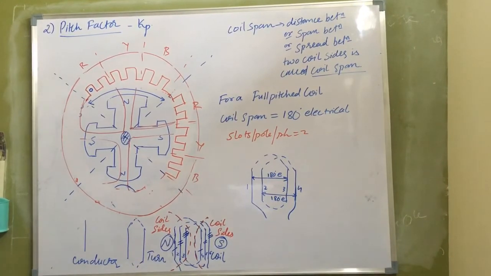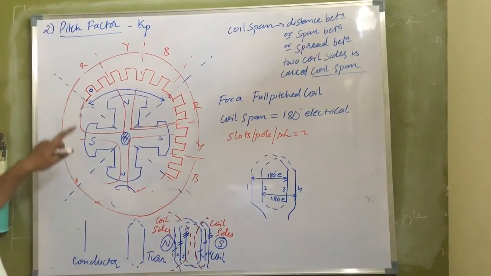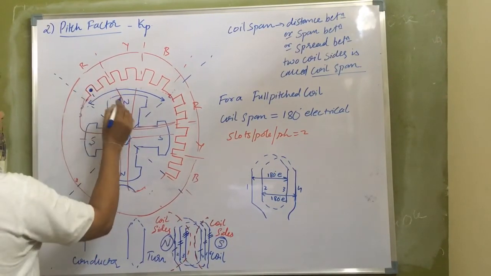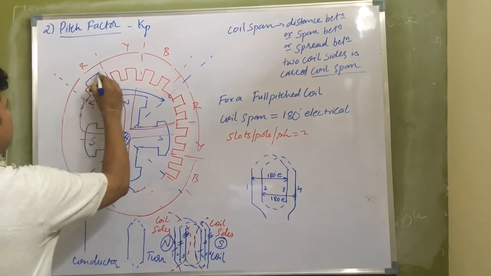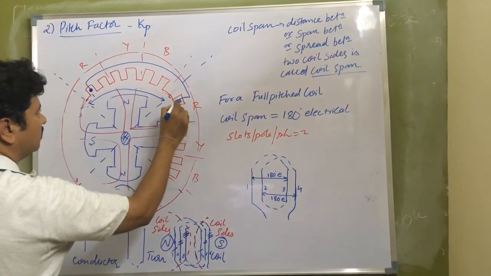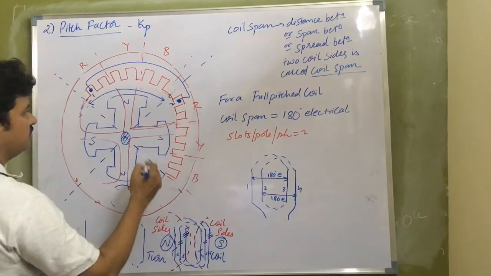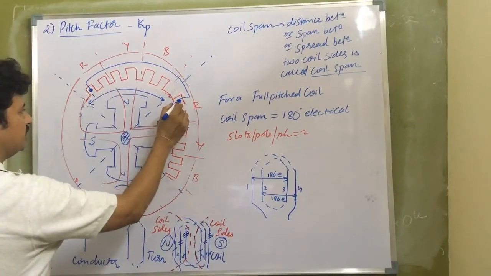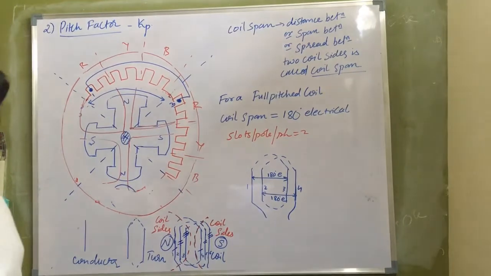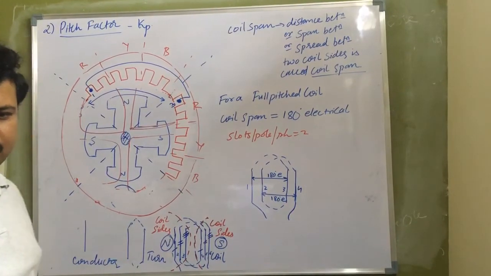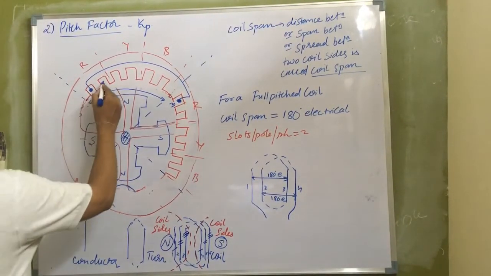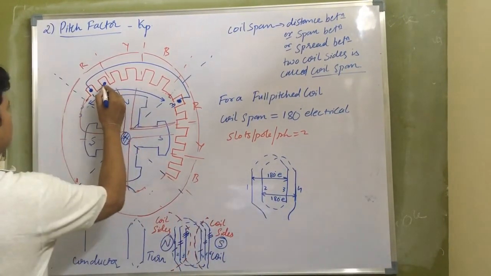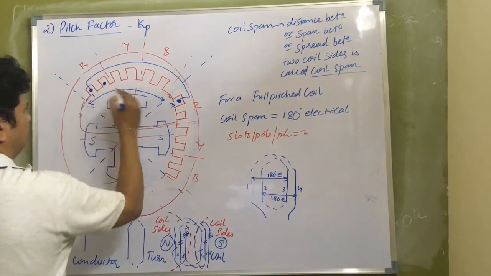So if I place conductor 1 in the first slot of this north pole, it has to be connected to the conductor placed in the first slot of the south pole. Then conductor 3 is now connected to conductor 2 in the end connection.